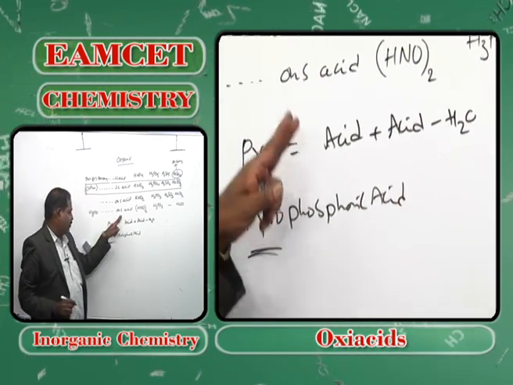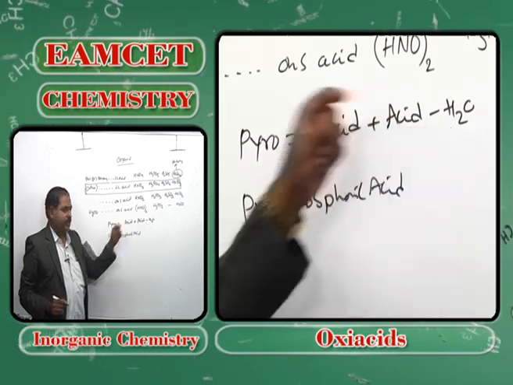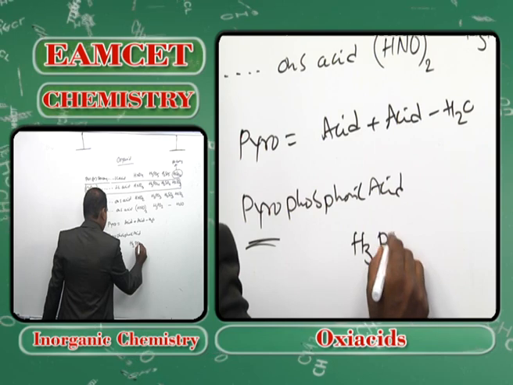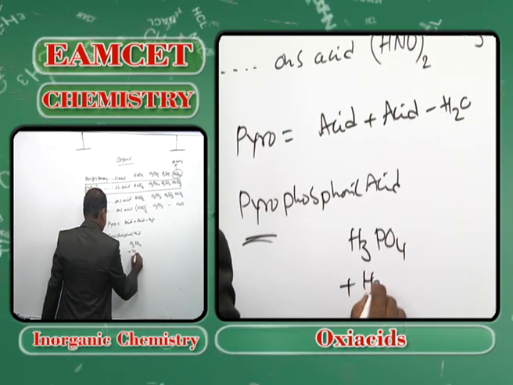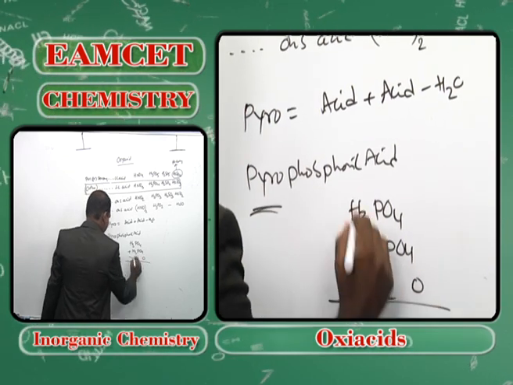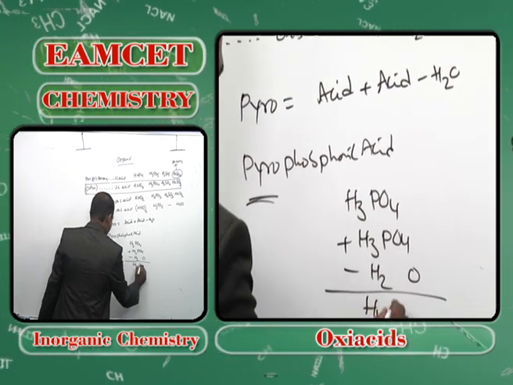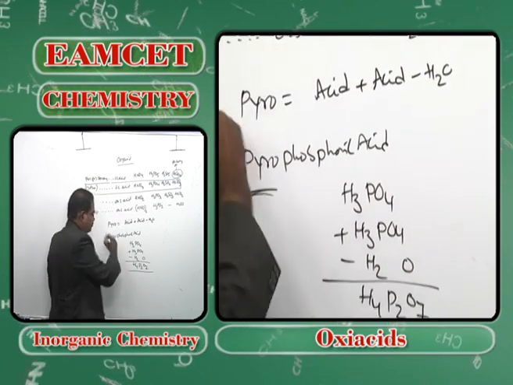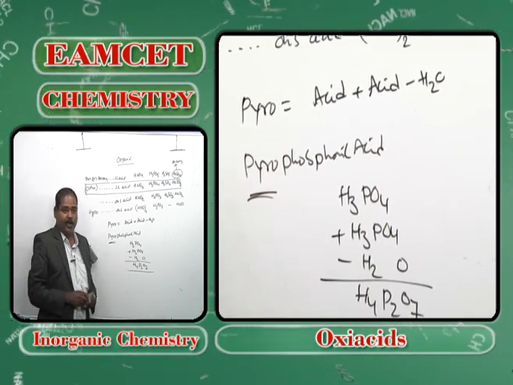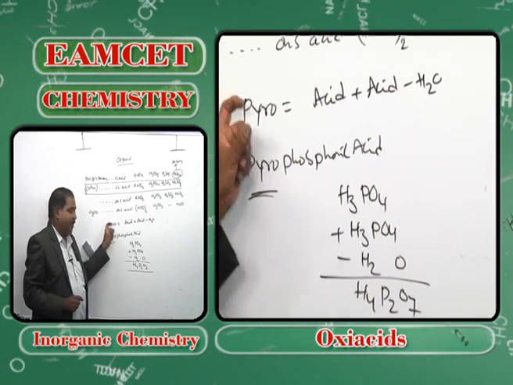Pyro means you have to take two acid molecules and remove water. What is phosphoric acid? H3PO4 plus H3PO4 again minus H2O. You will get, if your arithmetic is right, H4P2O7. What is the formula of pyrophosphoric acid? Don't try to mug it up. You just learn the meaning of pyro.